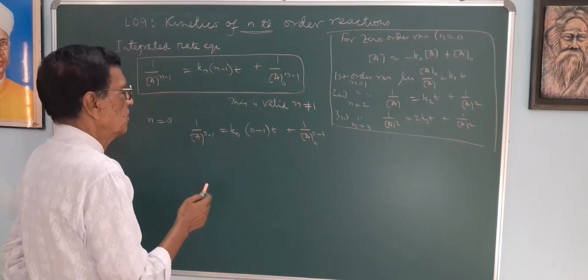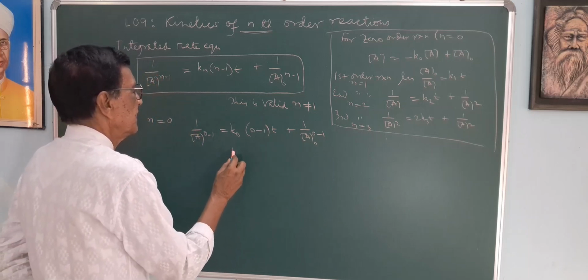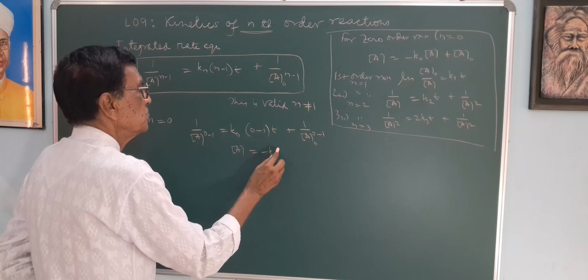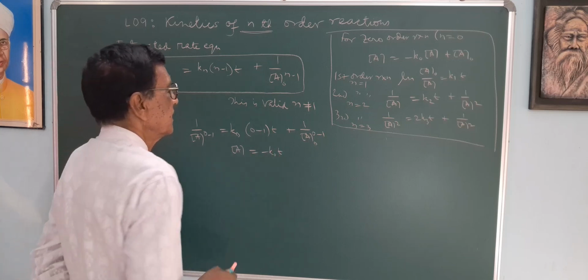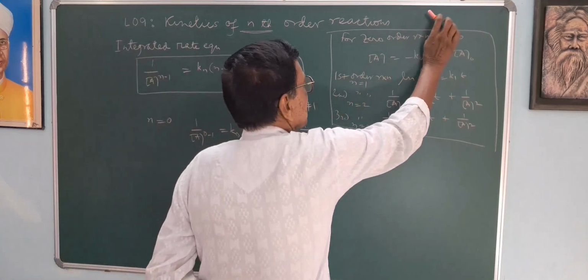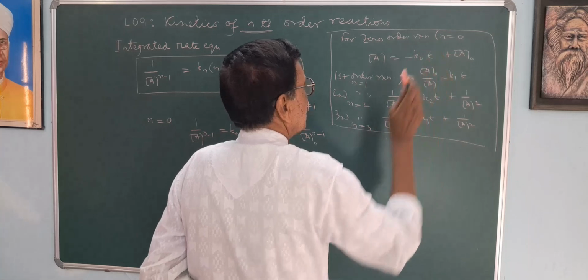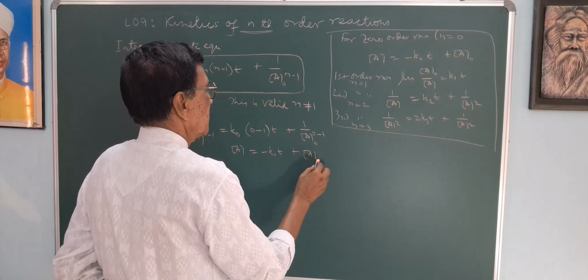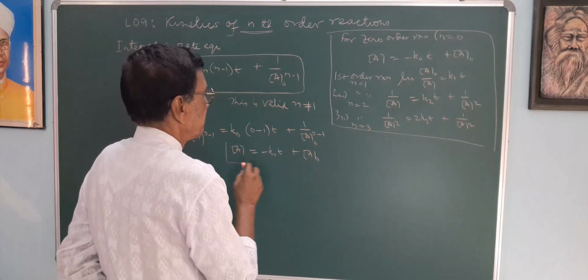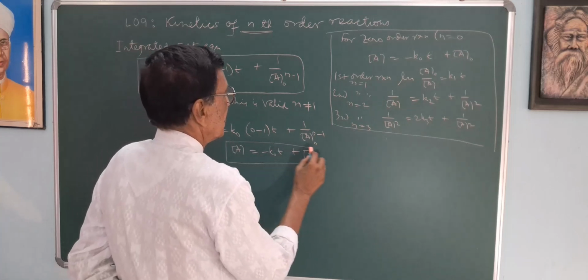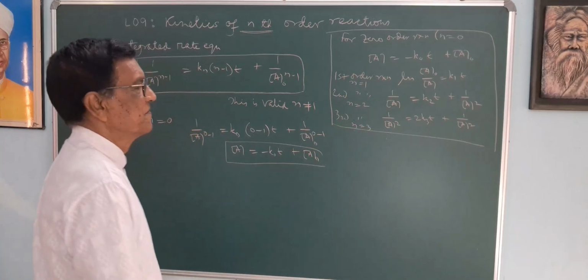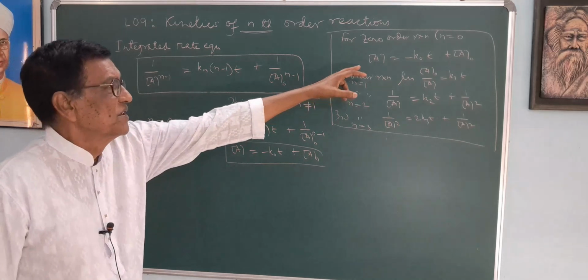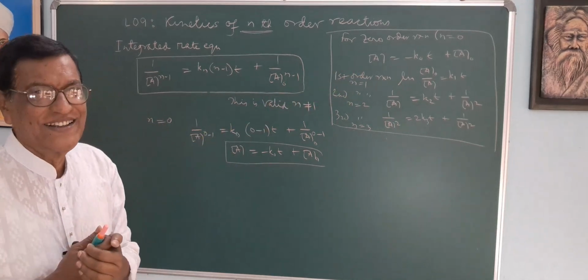Or if we go numerical, then the concentration of A equals minus K0T plus concentration of A0. So this is the zero order kinetics. From this generalized equation, we can easily get the zero order reaction by putting n equal to 0.